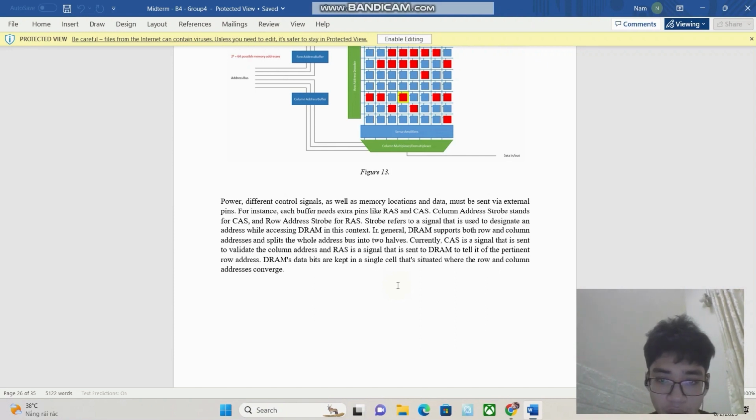In general, DRAM multiplexes both row and column addresses and splits the address bus into 2 halves. Currently, CAS is a signal that is sent to validate the column address, and RAS is a signal that is sent to DRAM to tell it of the pertinent row address. DRAM data bits are kept in single cells situated where the row and column addresses converge.